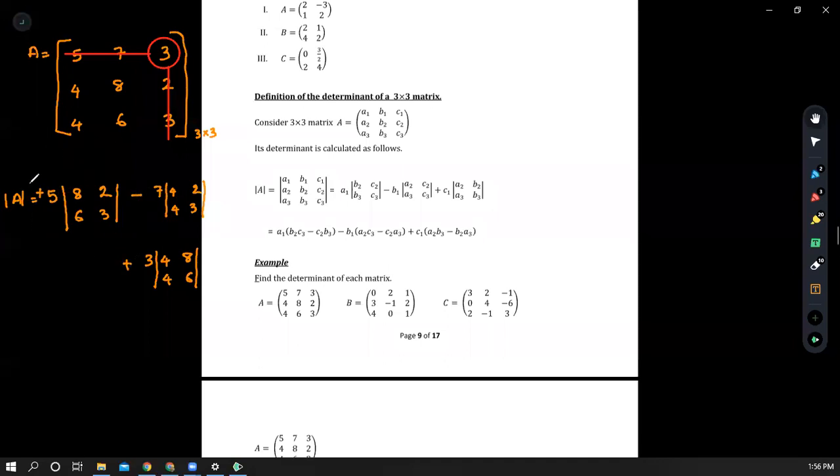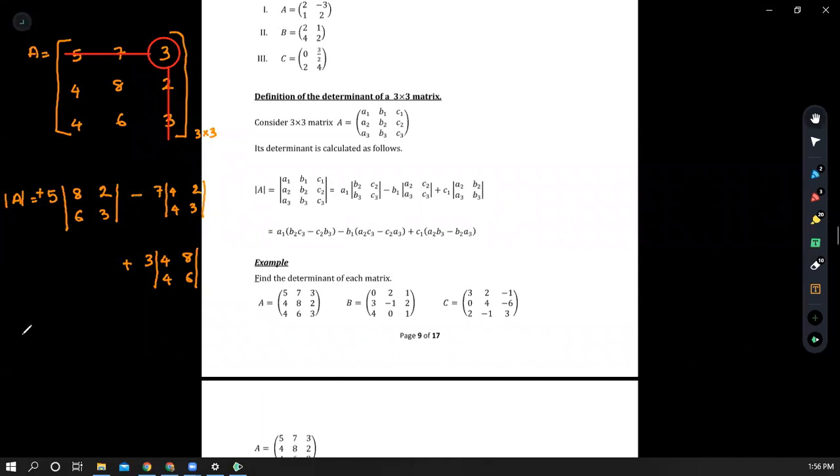As a theory, we are using this concept. Always we are allocating plus for the first one. Then we have to use the opposite sign for the second one and the opposite of that sign for the third one as well.